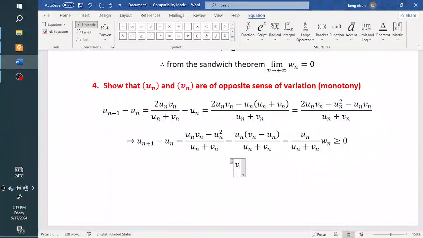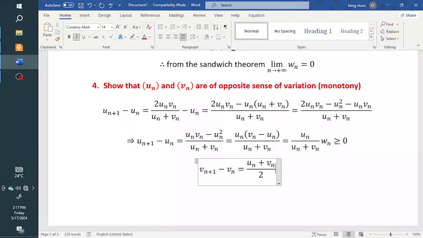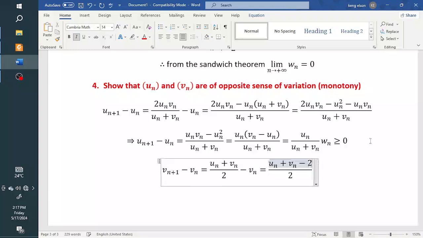Now let's go to Vn plus 1 minus Vn. Now what is Vn plus 1? Our Vn plus 1 was Un plus Vn over 2. That's Vn plus 1. Now we need to subtract Vn. The LCM is 2. We have Un plus Vn minus 2Vn after finding the LCM.